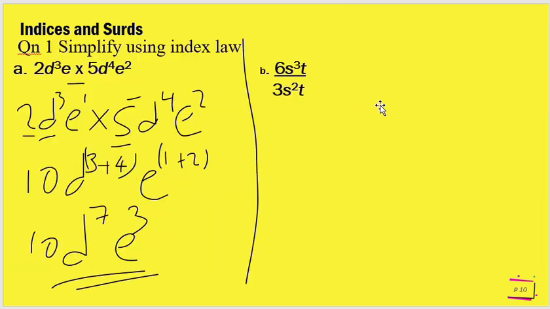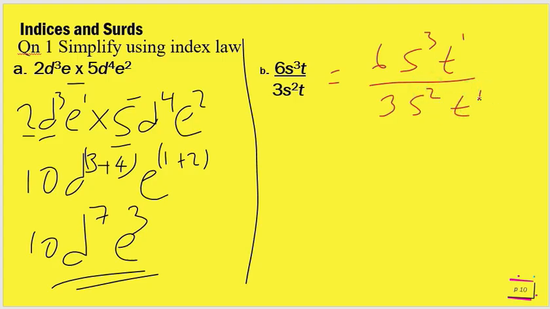So therefore what we get here will be 6 s power 3 t power 1 over 3 s power 2 t power 1.